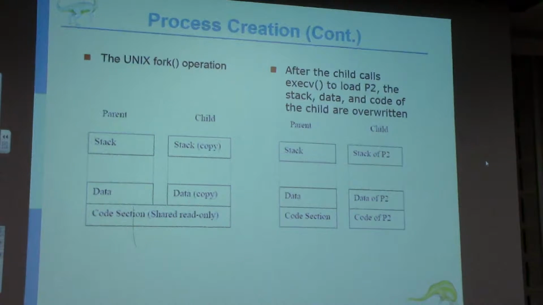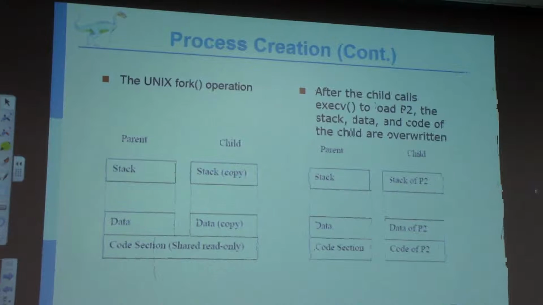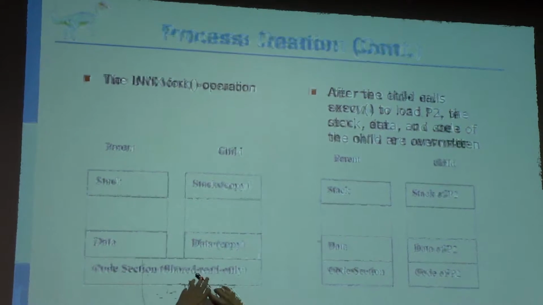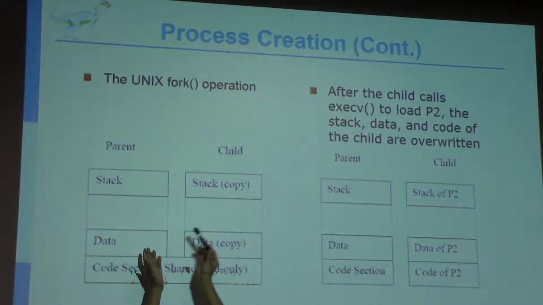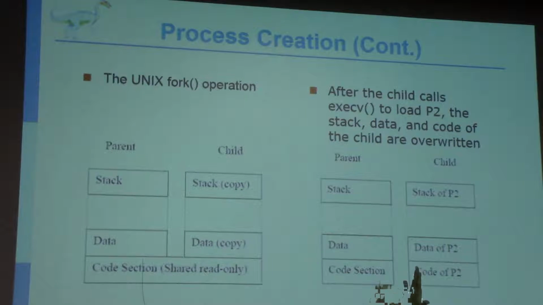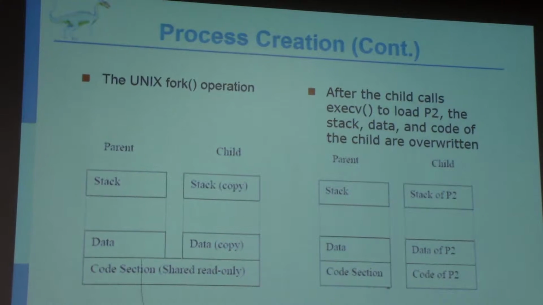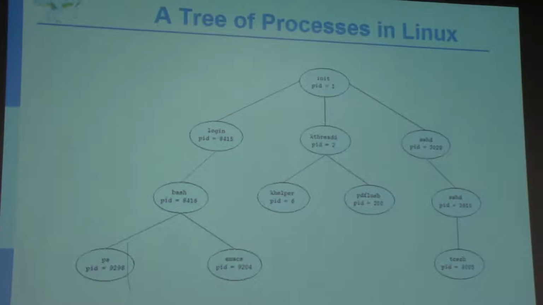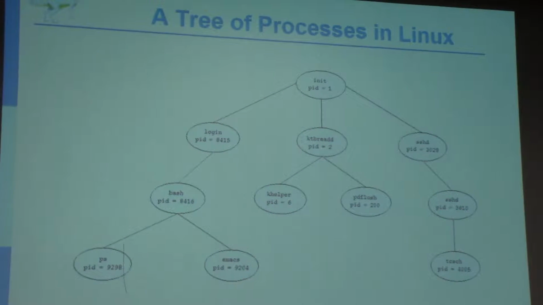So this slide shows the text, data, and stack area. When you fork, it's shared. So actually the same. It allocates only the memory space, and during the exec, loads the separate code. So this is how, eventually, it will create the process tree.